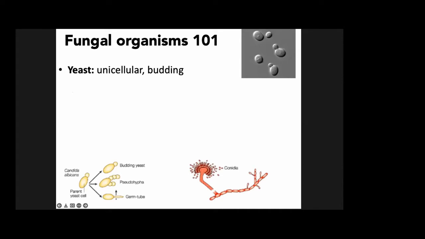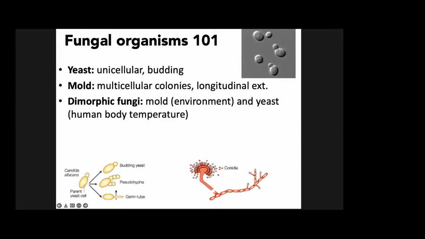They are usually unicellular and they divide by budding. Or you can have molds that are usually multicellular colonies that divide through a longitudinal extension. And the ones that we will be talking about today are the dimorphic fungi, also called endemic mycosis, that in an environmental temperature can behave as mold, but inside of the body, they behave as yeast.